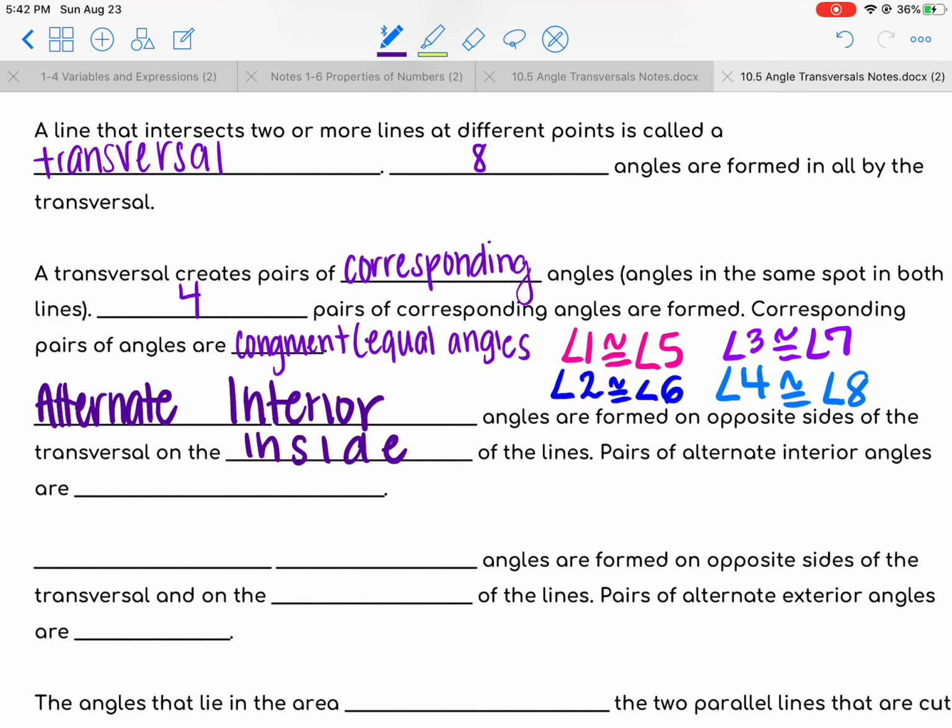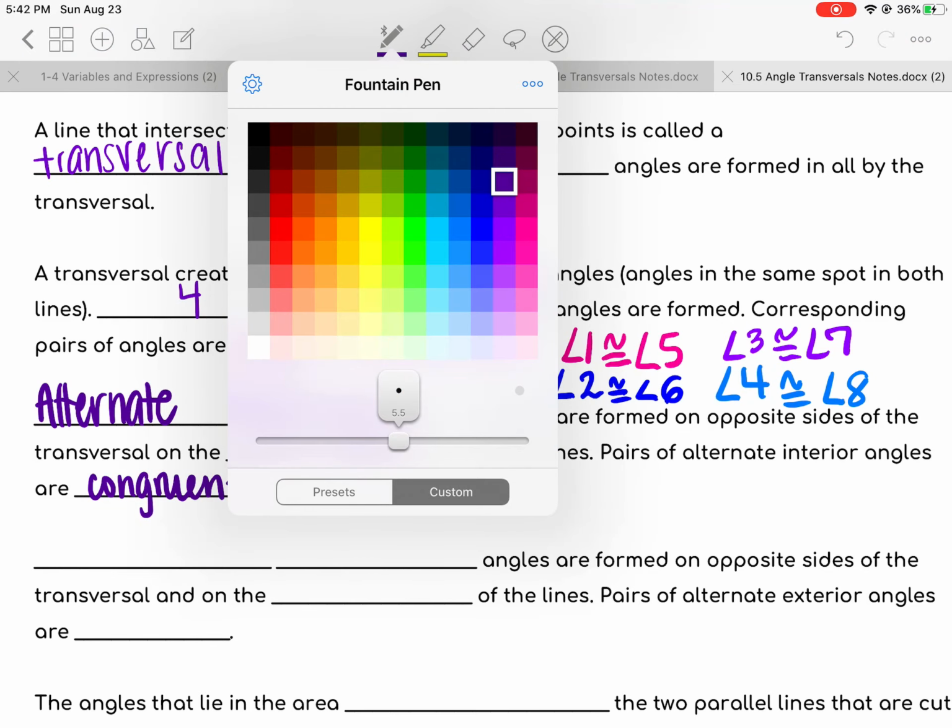Think about the word interior, means the inside of a home. So inside, these alternate interior angles, that's where they are. They're on the inside. Pairs of alternate interior angles are also congruent. And remember that word congruent means they have equal angle measures. So let's look here.